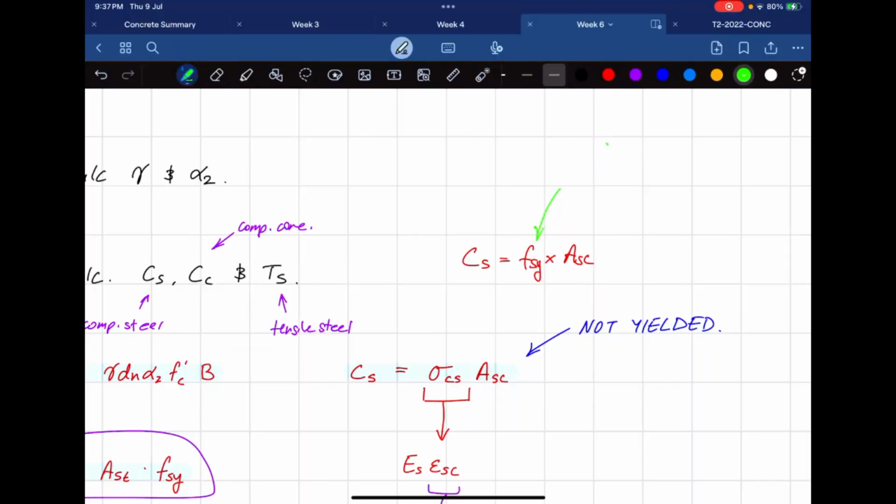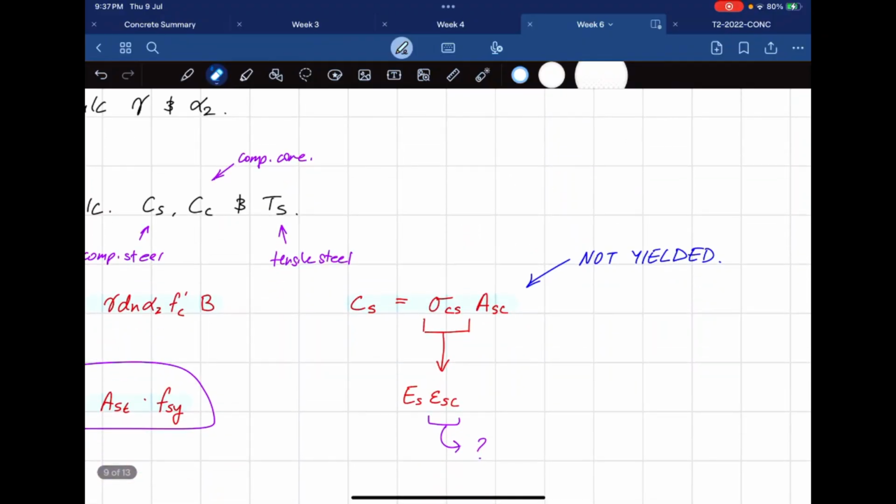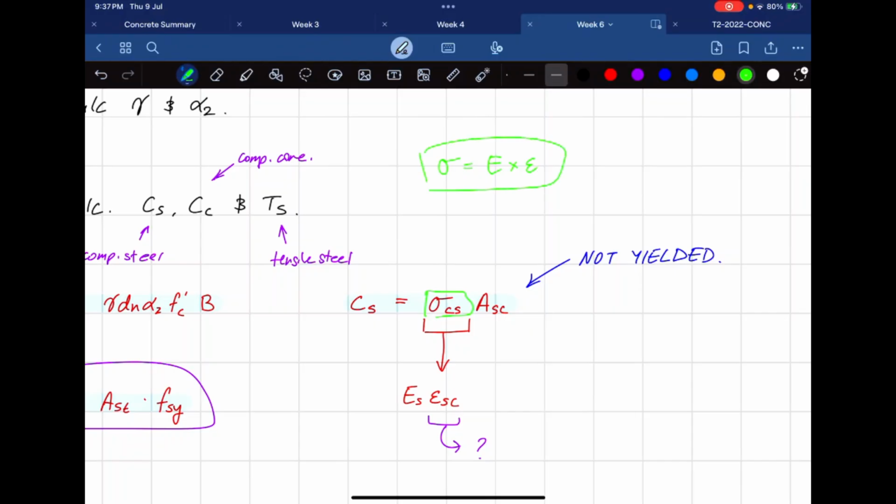Because they both represent stress, the F and Fy stand for when it's yielded. We usually use sigma notation when it's not yielded. So that's why in this formula I've used sigma, which is equal to E times strain. This is a formula that we all know and love.